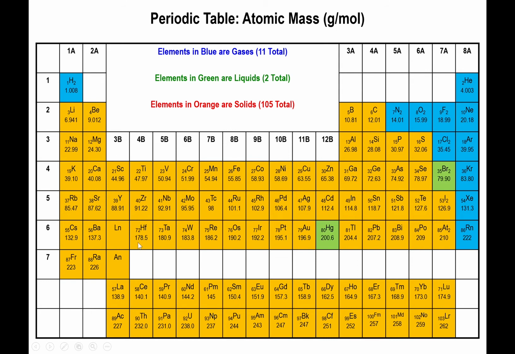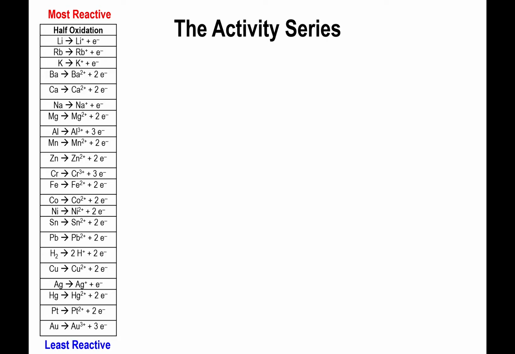Like if I give you hafnium, even though this may be the first time you see it, because it's neither of the Hofbrinkel elements or noble gases, it will not be a gas. And because it's not bromine or mercury, it will not be a liquid. So by process of elimination, this had to be just a solid.